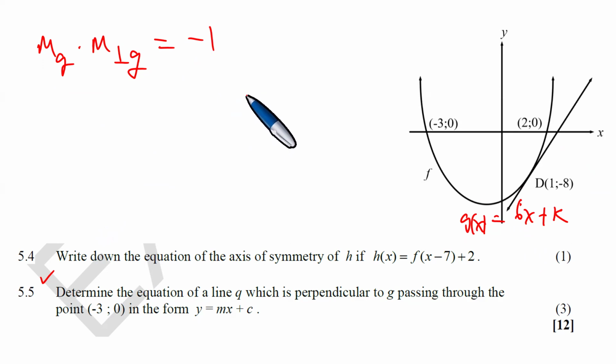The reason is that the graph of G is perpendicular to the other one.